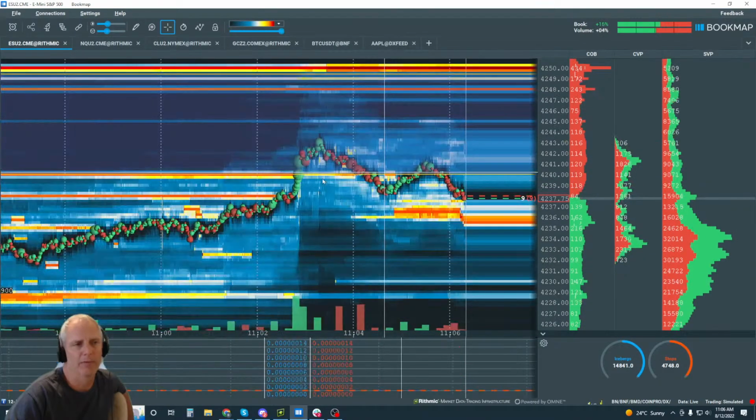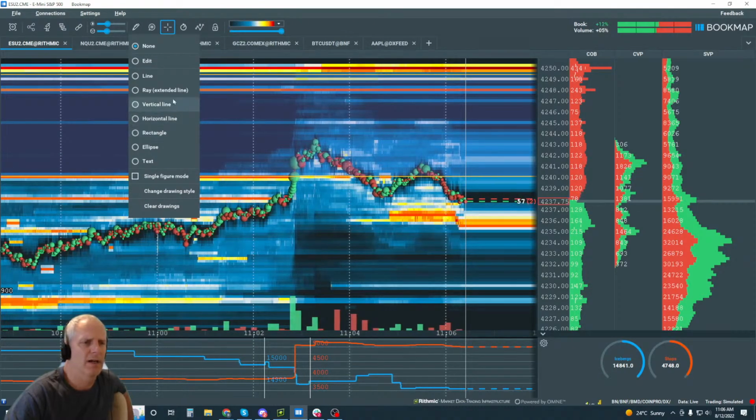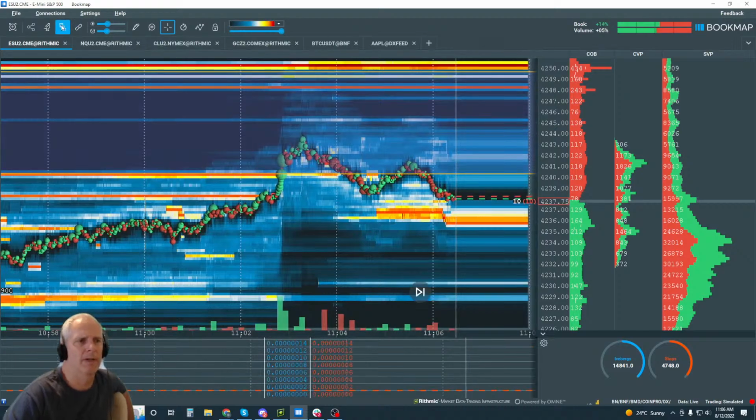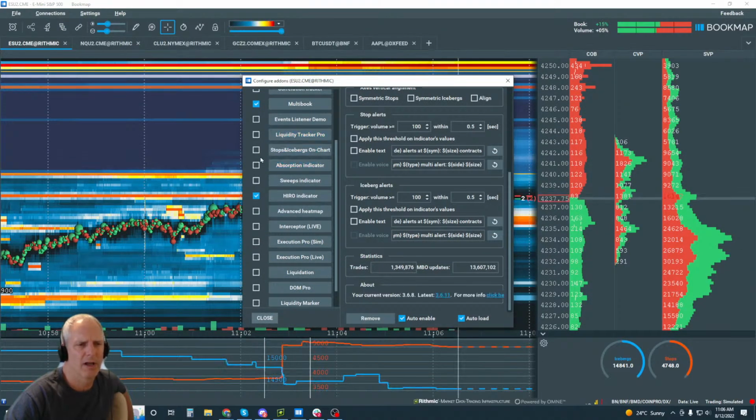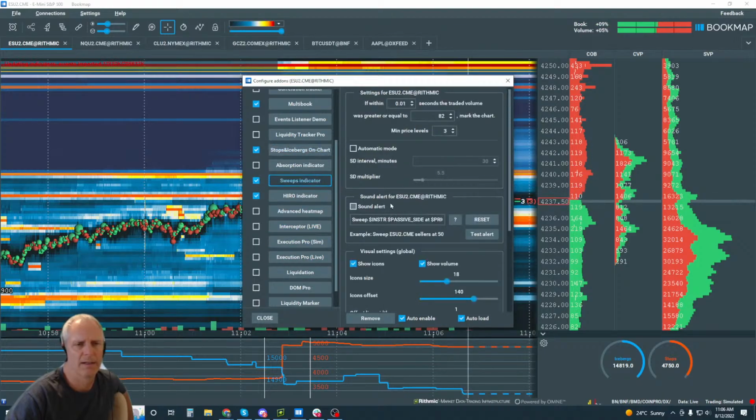And we can determine this. I like the way JTrader had this, or Scott yesterday had this, looking at the stops and icebergs on chart, as well as the sweeps.